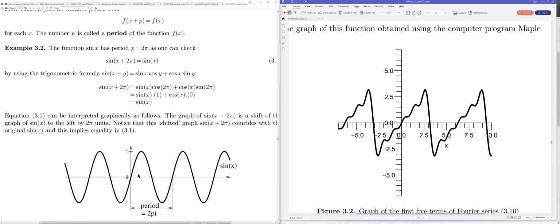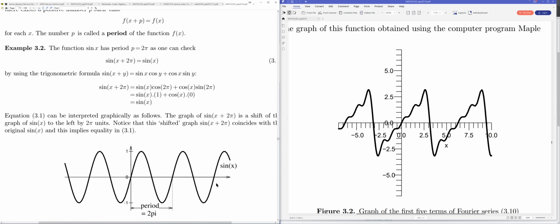Notice that if I translate the graph of sine x by 2 pi to the left, this point will fall on this point, this vertex will fall on this vertex, this vertex will fall on this vertex, and this point will come to this point.